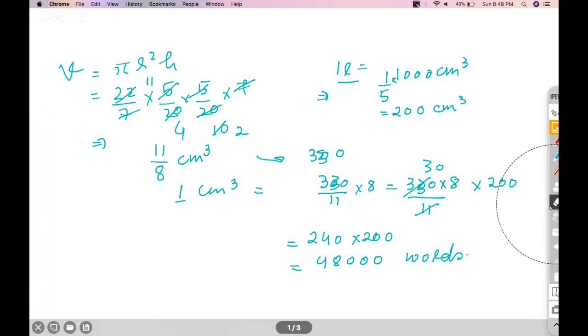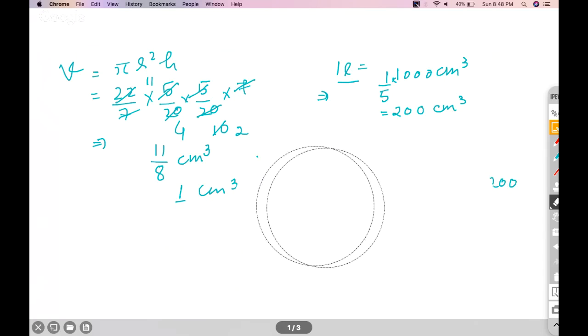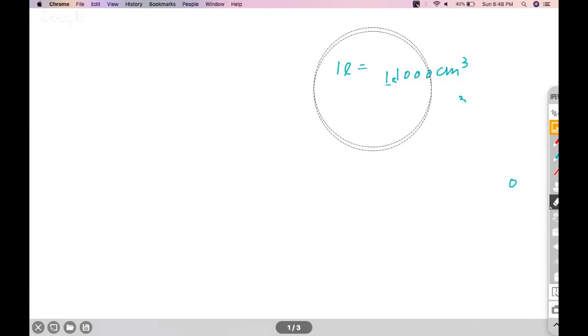And question number 18 is, a lead pencil consists of a cylinder of wood with a solid cylinder of graphite fitted into it.